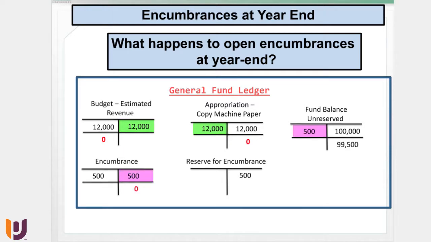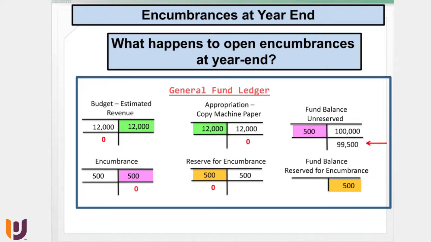The open encumbrance will be closed to the fund balance account. The reserve for encumbrance will be closed out, and the credit will establish a fund balance reserved for encumbrances. We now have an unreserved fund balance of $99,500 and a reserved fund balance of $500.